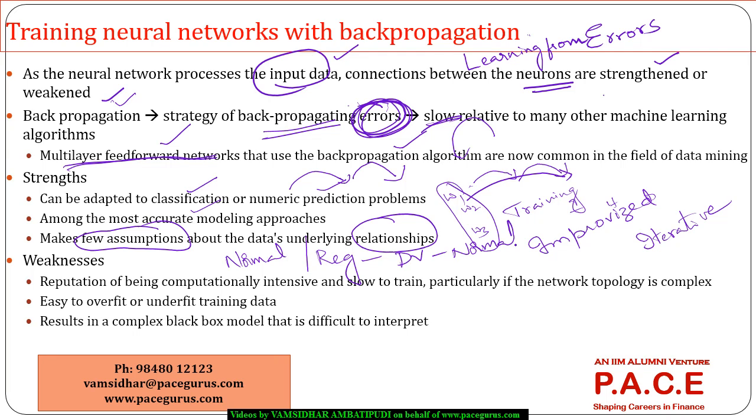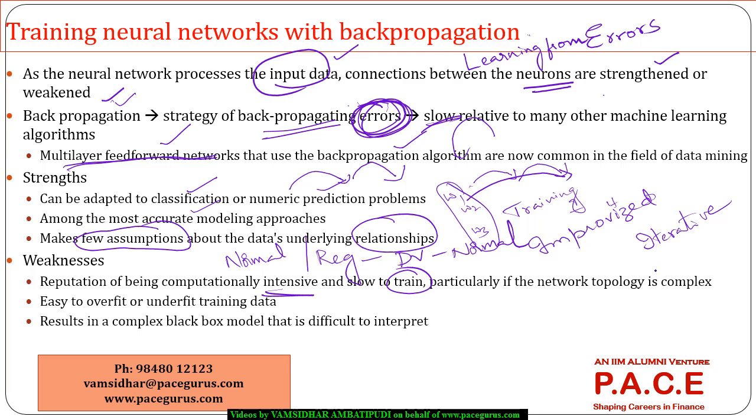Regarding the data, the kind of distributions associated with the data, or the relationships, there are no assumptions made by the neural networks. But of course, as we have been discussing, there is a very heavy computation that goes into it, and because of a lot of iterative process, the process gets very slowed down. The training process takes too long.